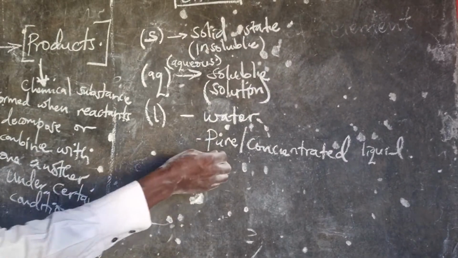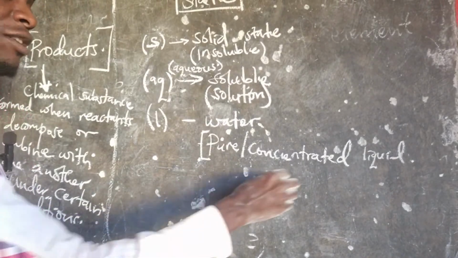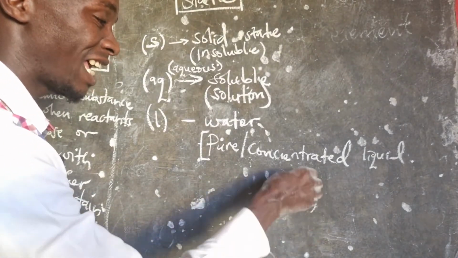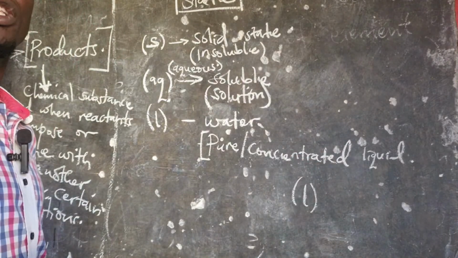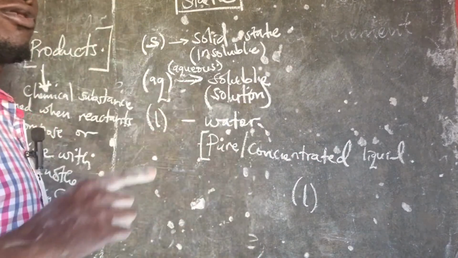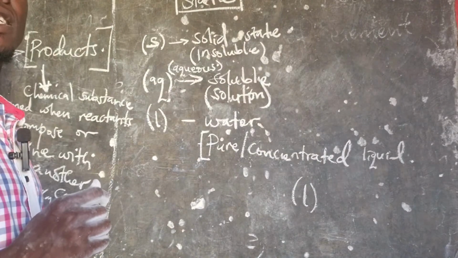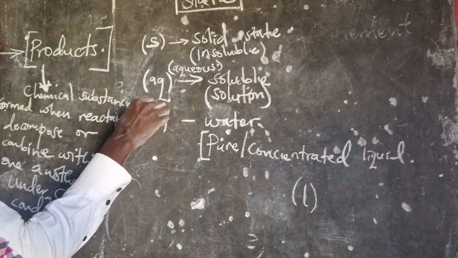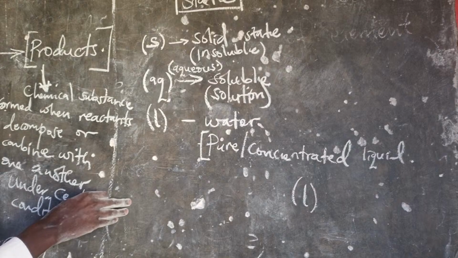For example, some concentrated acids like sulfuric acid may be represented as L, meaning that it is a pure liquid with very few molecules of water in it or no water in it. So it may be represented as L, which is representing liquid state.